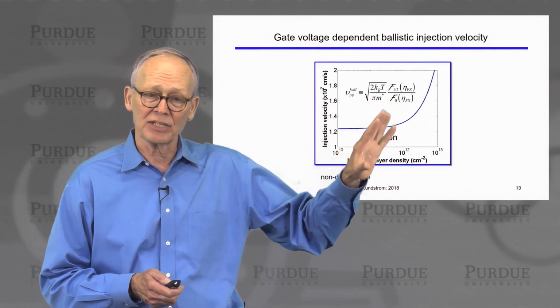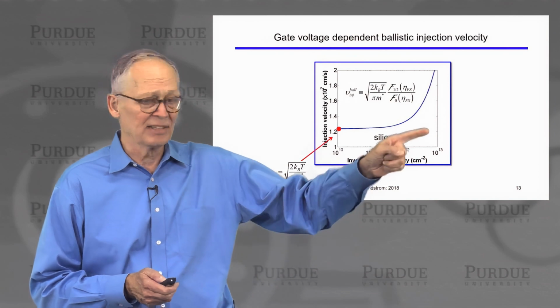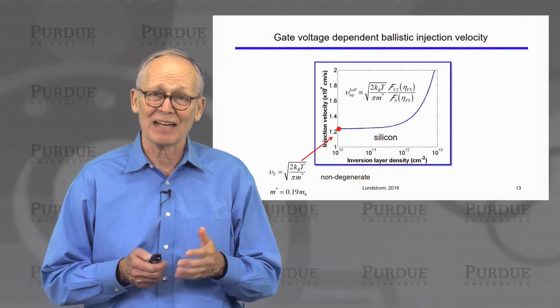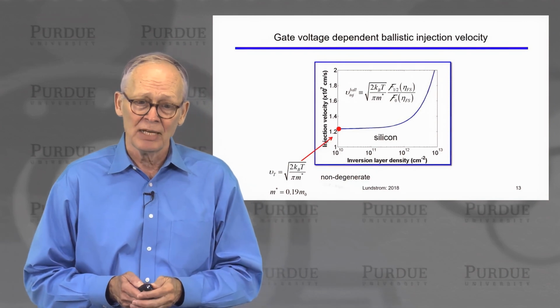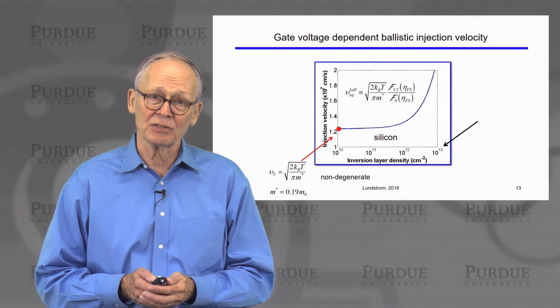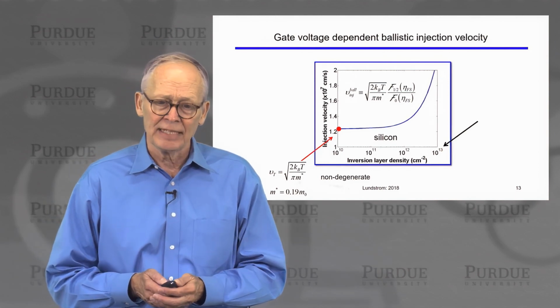If we do that calculation for silicon, the results will look something like this. In the non-degenerate limit, we get the unidirectional thermal velocity. That would basically be sub-threshold. Once we go above threshold, the velocity starts to increase as the influence of Fermi-Dirac statistics is felt.